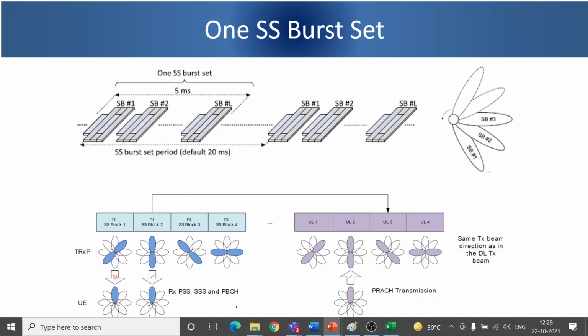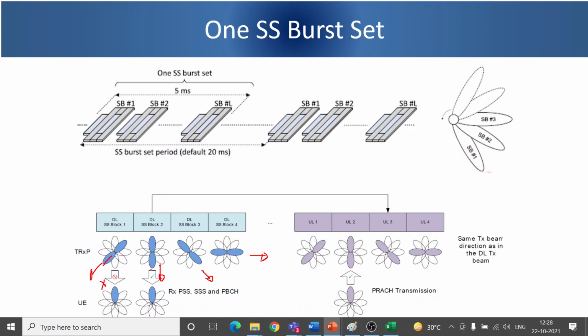Again, the same diagram in a different picture, where in different directions your beams are getting transmitted. This direction, second beam in this direction, third beam in this direction, fourth beam in this direction. So your user equipment, sometimes it will receive some signal of this beam, but it will not utilize it because quality is poor.